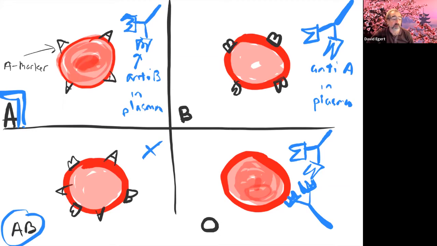If you gave me B or AB, both of those have B on it, so my anti-B is going to attack it. I'm going to have a transfusion reaction. Typically what happens is the cells lyse and you spill out hemoglobin and it clogs up your kidney tubules, and it's a disaster. Who could I give my blood to?